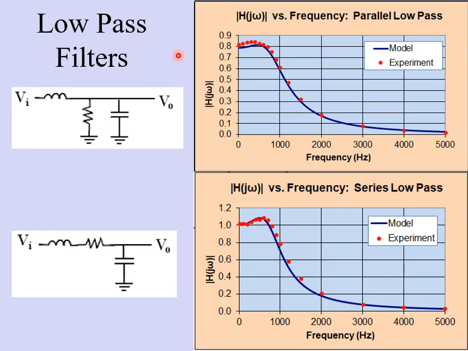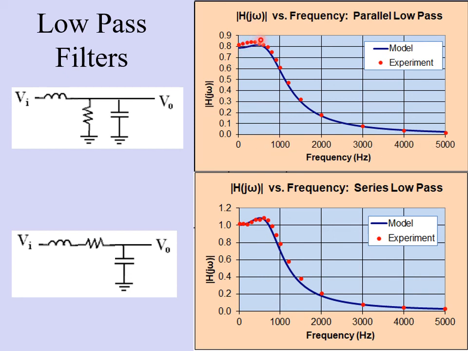So here are the low-pass filters. This is what I call a series architecture here, and this one is a parallel architecture. Now, you can't use this one here because this is the one I just analyzed in this lecture. But if you want to do a low-pass filter, you can build this one here. Notice in this graph, these aren't Bode plots, these are just linear plots of frequency response magnitude versus frequency in hertz.